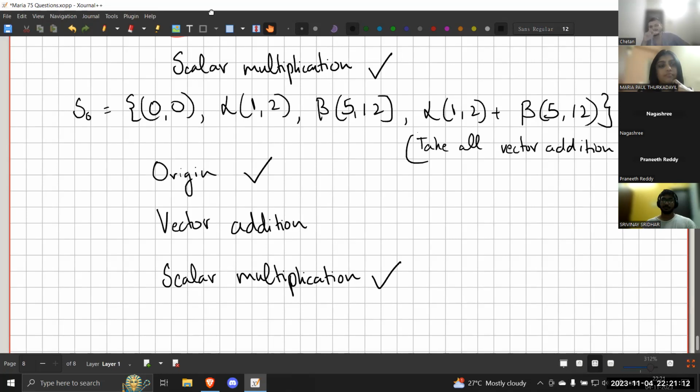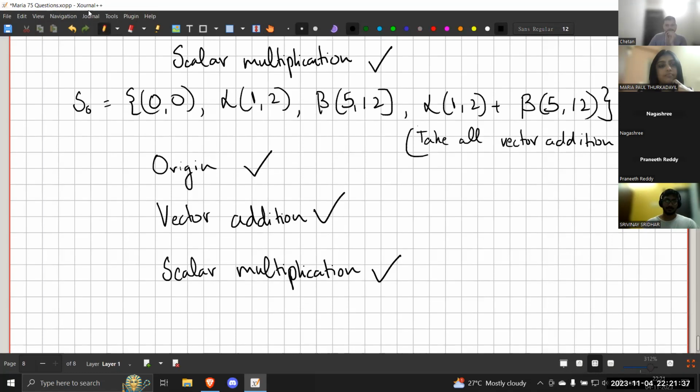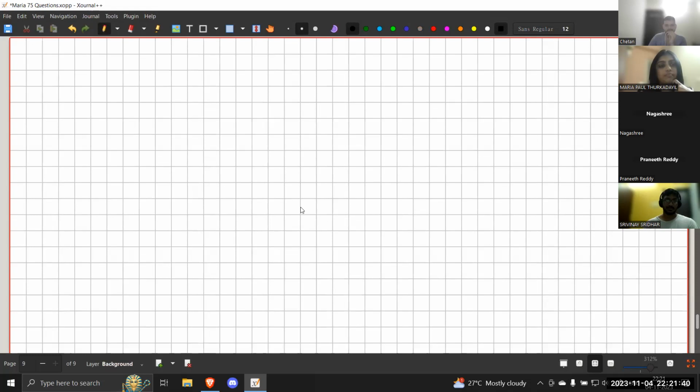And this is a very special thing we did here. This alpha times some vector plus beta times some other vector is very important, very special. Can we write it down, Vinay? Alpha times u plus beta times v.